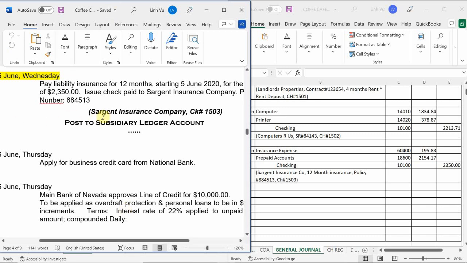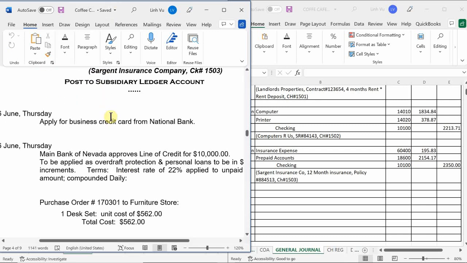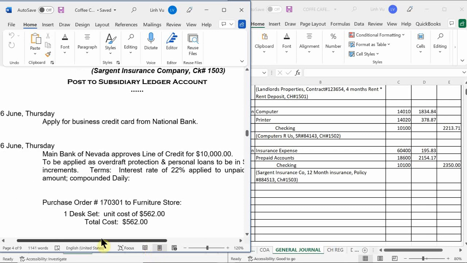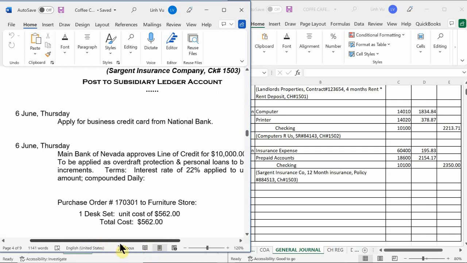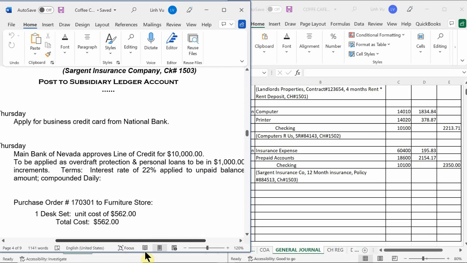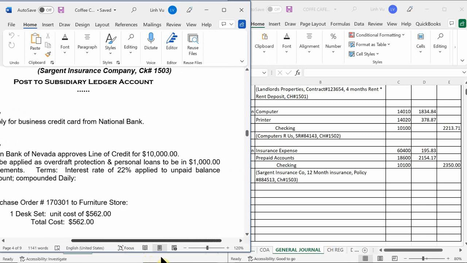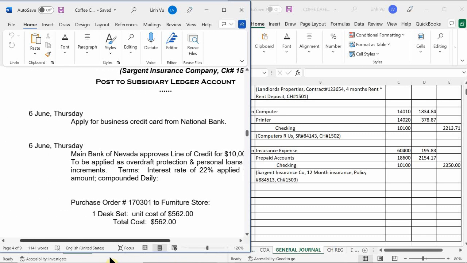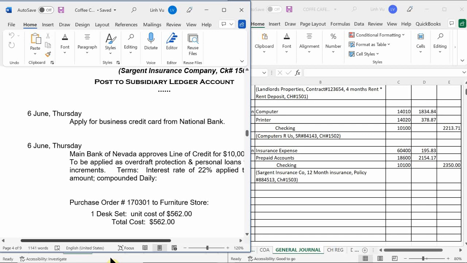So then, Maine Bank of Nevada approved a line of credit for $10,000. Okay? And this $10,000 is to be applied for overdraft protection and for personal loans, which can be taken out in increments of $1,000. Okay? So then you got some terms, interest rate of 22%, which is applied to unpaid balances, and it's going to be compounded every day.